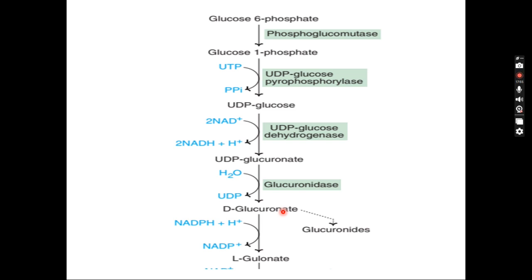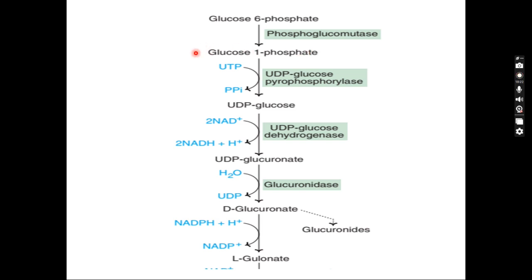So this is a diagram of what I've talked about so far. We have the glucose 6-phosphate. This glucose 6-phosphate will be reacted upon by the enzyme phosphoglucomutase, and what will be produced is the glucose 1-phosphate.